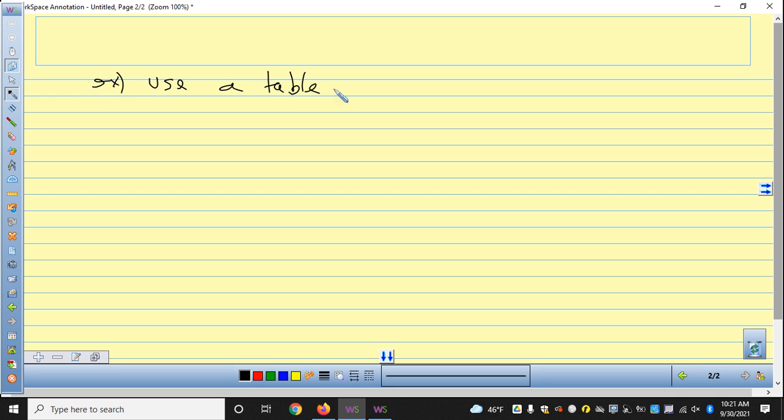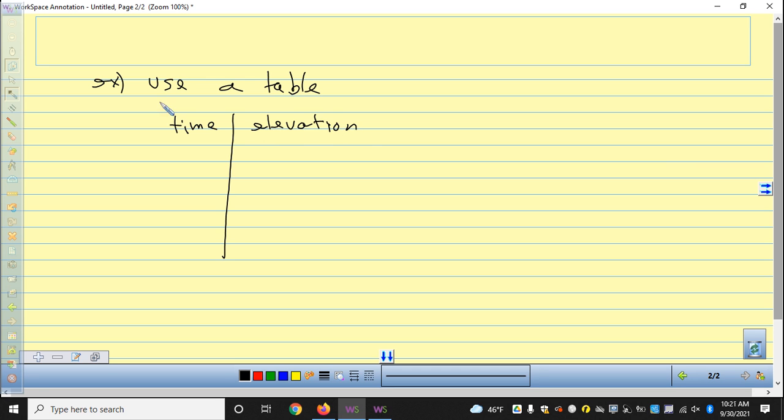Now we've done this problem before. We just kind of talked about it a little differently. Let's say my independent variable is time and my dependent variable is elevation. So this is going to be independent, and dependent.